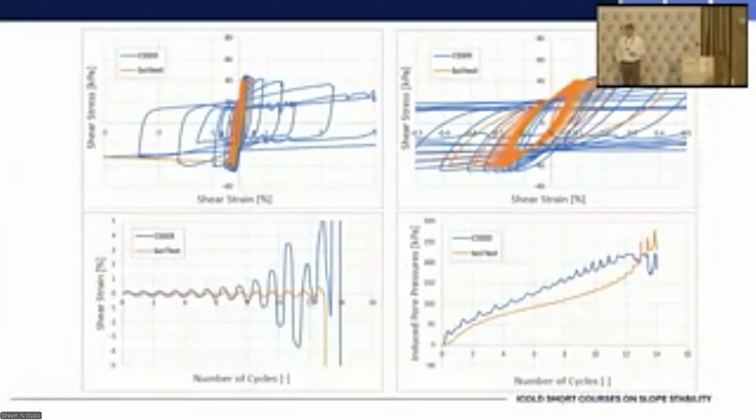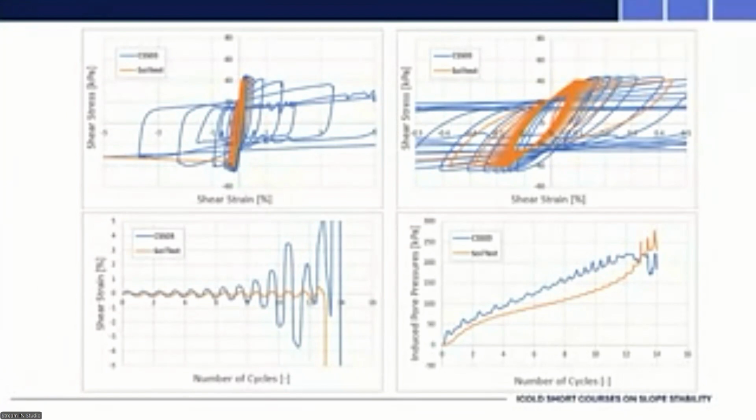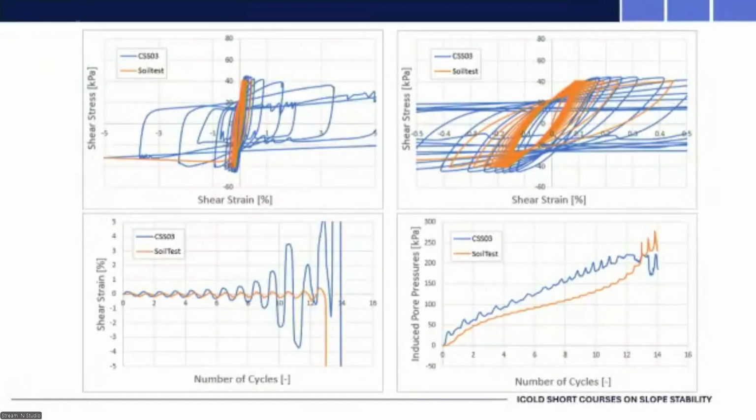Okay, so now on the up on the left-hand side, you see the calibration of PM4 and the number of cycles in orange that you get compared to the performance of the real test. CSS03 is the name given by the laboratory for that particular cyclic direct simple shear.